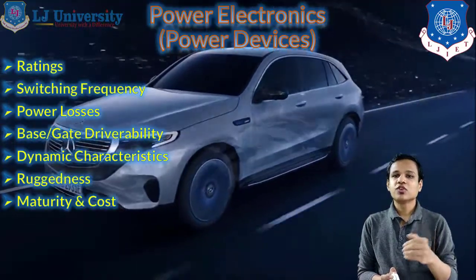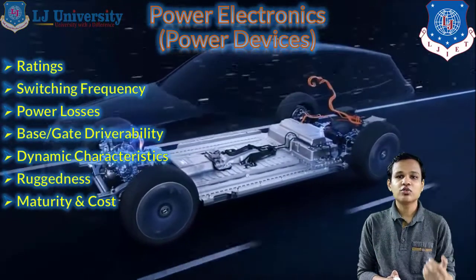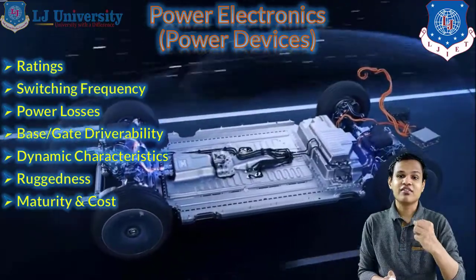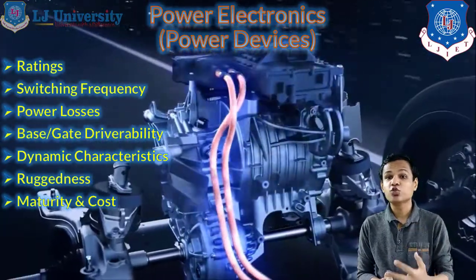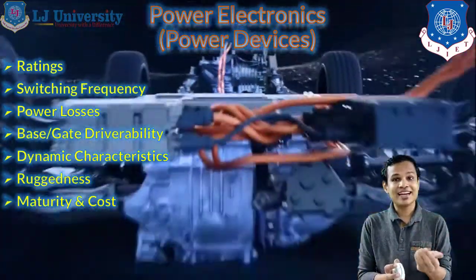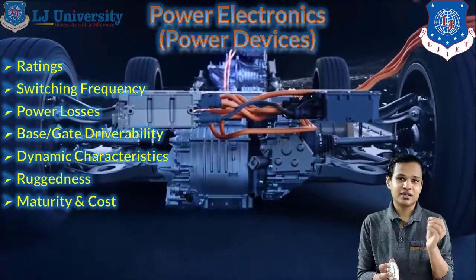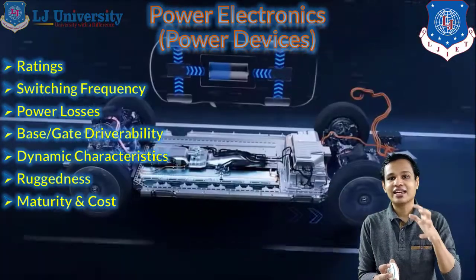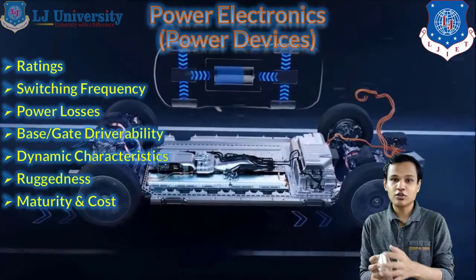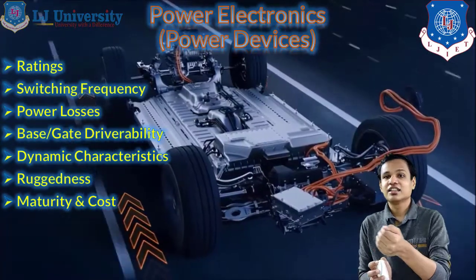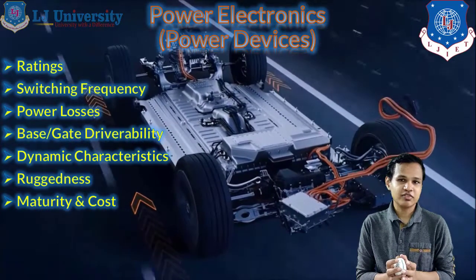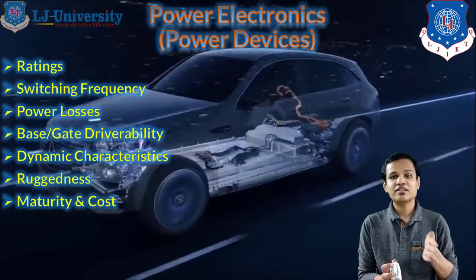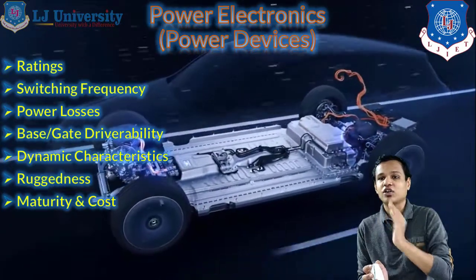First, before going towards the motor, there are some devices that we use in between our battery and motor, right? The power from the battery cannot be supplied directly to the motor or the generator that we are using in our vehicle. It has to be sent through power electronics.